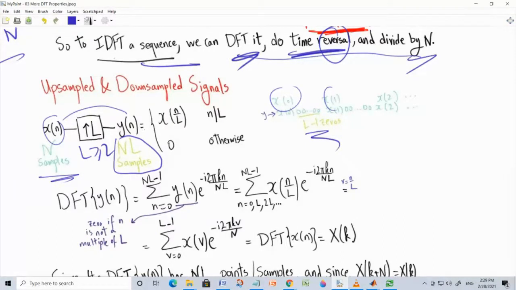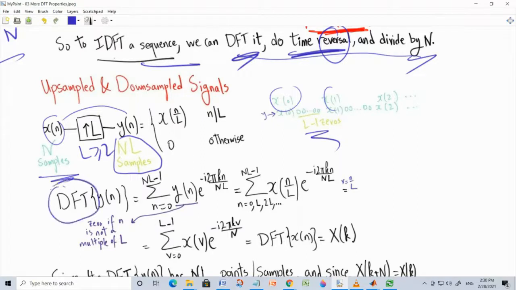Upsampling is one of them. If you upsample a signal with n samples, you take one sample from the n samples and then you append big L minus 1 zeros, and then you take another sample and you put big L minus 1 zeros, and so forth. So you end up with NL samples, a sample from the original signal followed by L minus 1 zeros, and so on and so forth.